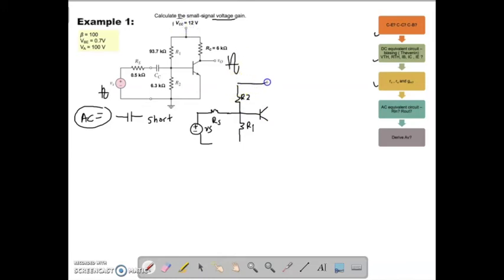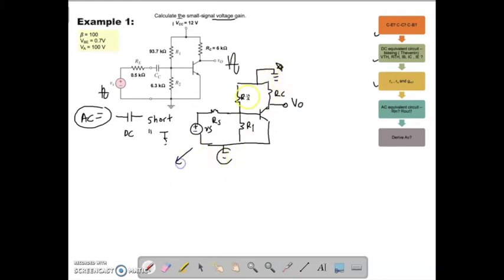In the AC equivalent, your DC supply needs to be shorted and connected to ground. So here you have RC, which is shorted and connected to ground. This is important. Then you connect here to your ground. The location of your Vout is at your collector. Now we have two grounds, the above ground and the below ground.